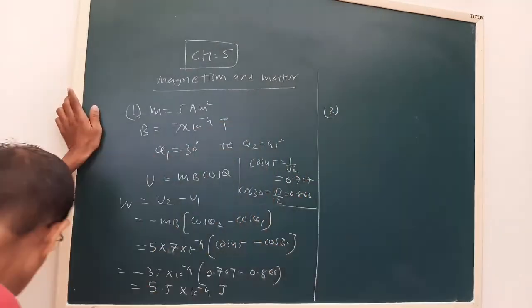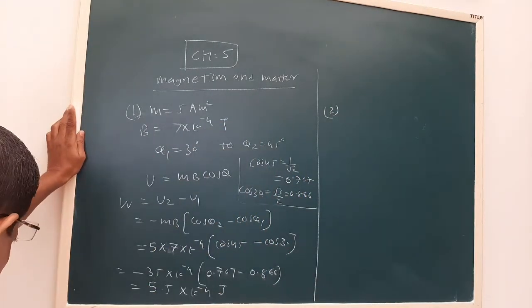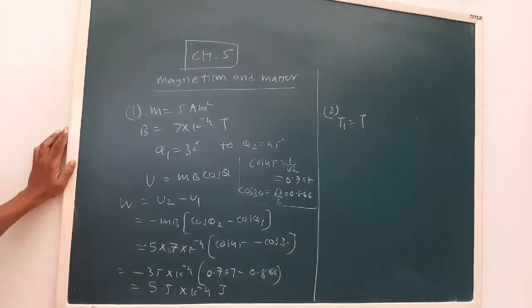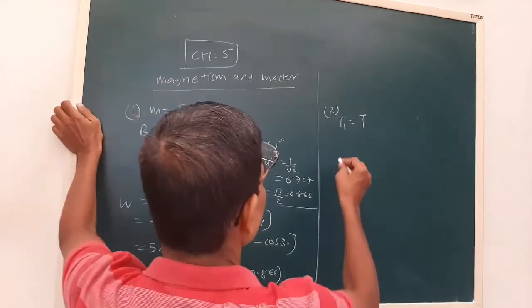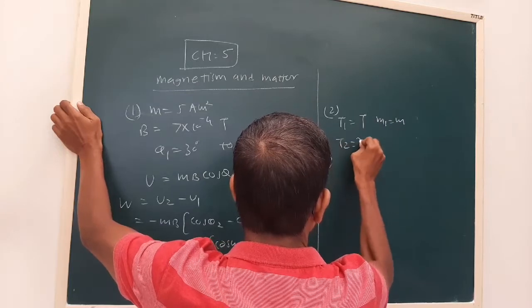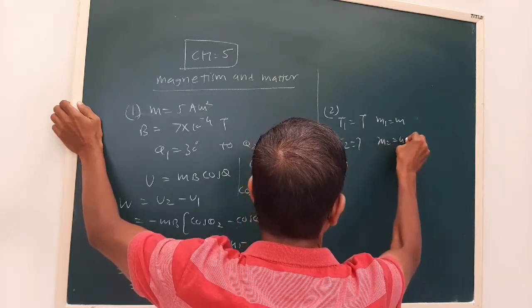See the next MCQ. A bar magnet is oscillating in the magnetic field with a periodic time T. Now a similar bar magnet with the same mass and volume, but with a dipole moment 4 times, is taken.